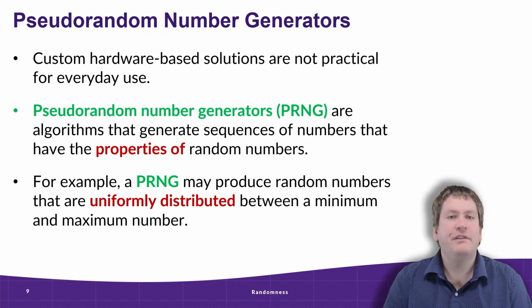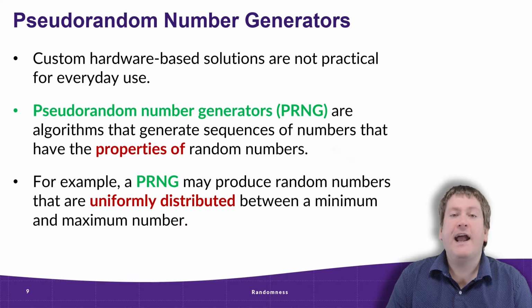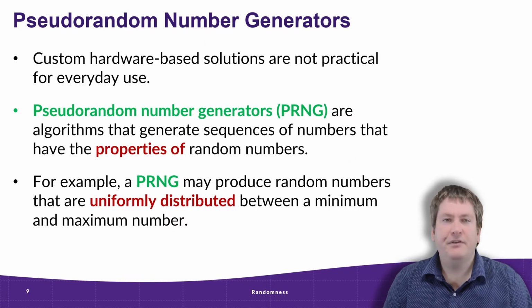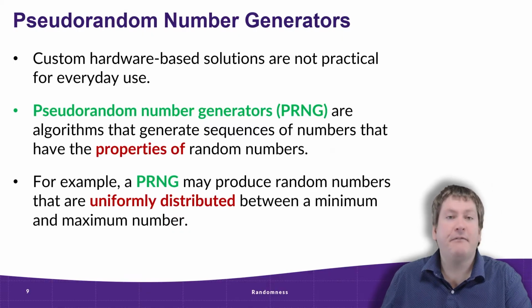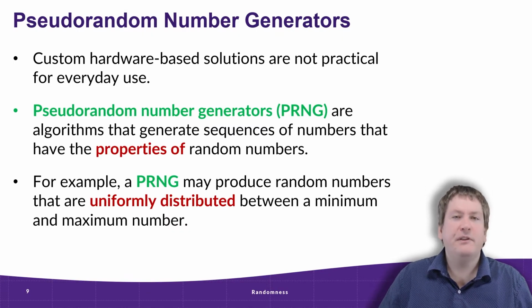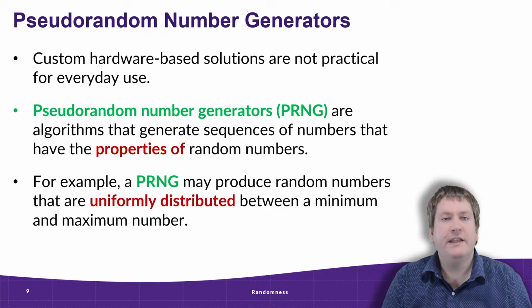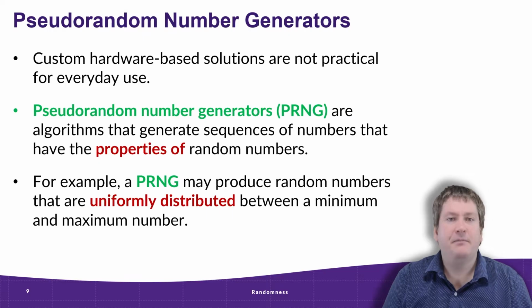And these are algorithms that generate sequences of numbers that have the properties of random numbers. So they're not truly random. By pseudo-random, we mean sort of like fake random. But to an observer that's doing some statistics on these numbers, they seem to exhibit the properties of random numbers. And one of those properties is usually that the numbers are uniformly distributed between a minimum and maximum number.